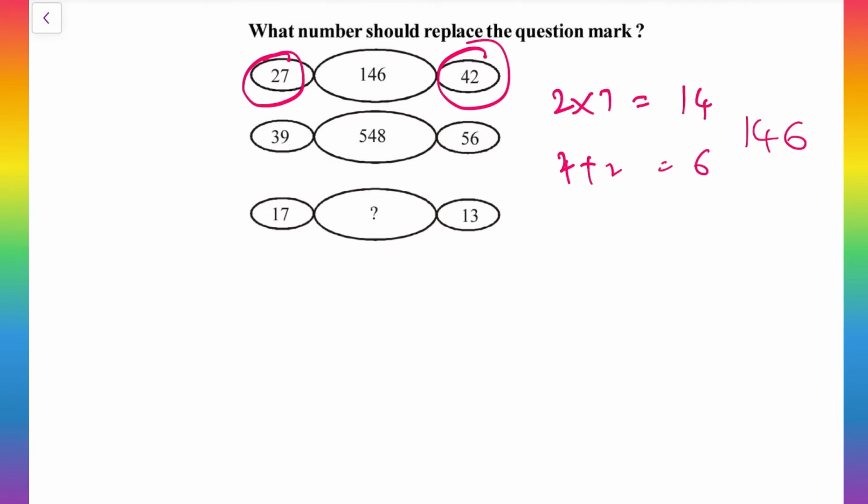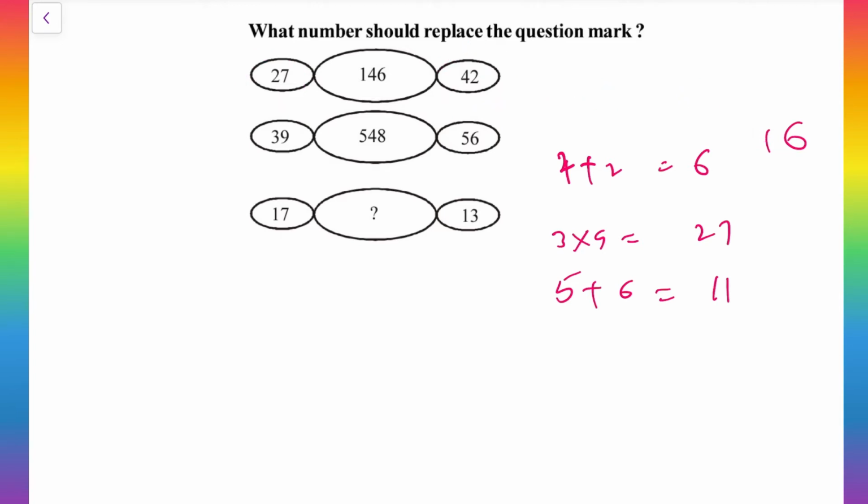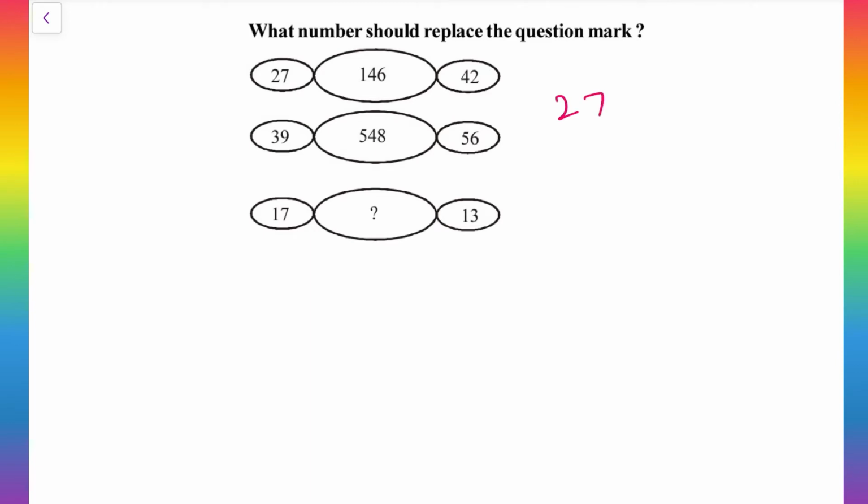Then let us check whether it is applicable for the next or not. Next, 39 is there, so 3 into 9 is 27. Then 56 is there, so 5 plus 6 is 11. If we write side by side, it will become a bigger number, not 548. So this logic is wrong. Then still, from 27 I will take the last digit 7.